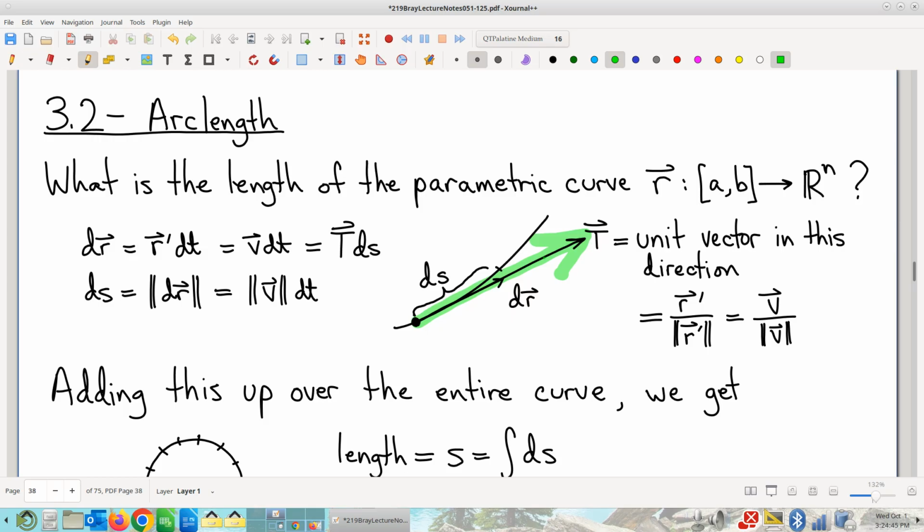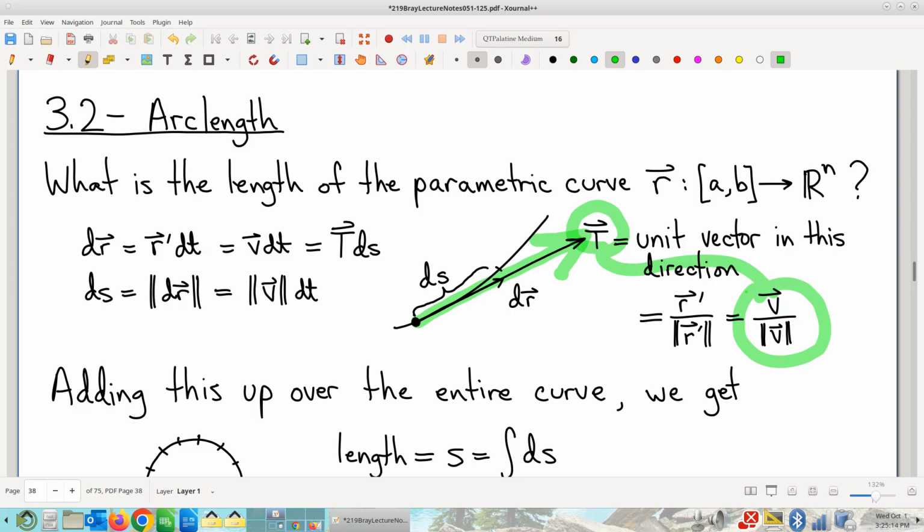It's pointing in the same direction as the velocity, and it's a unit vector pointing in that same direction. If you want to find a unit vector in the direction of a vector you've already established, then that unit vector is that other vector divided by its own magnitude. So it's easy to write down the formula for it.